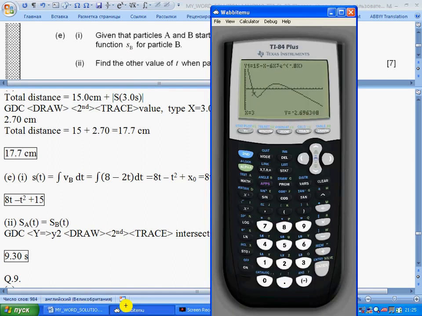We are going to use this function, and we will add our function. y2 will be a new function. y2 equals 8x minus x squared, minus x squared, minus x squared, plus 15.